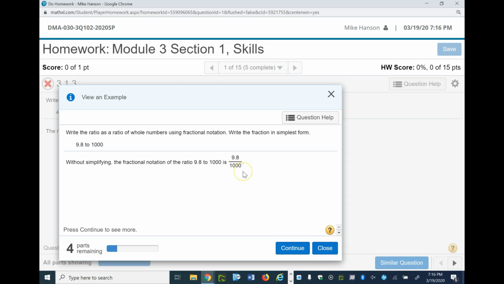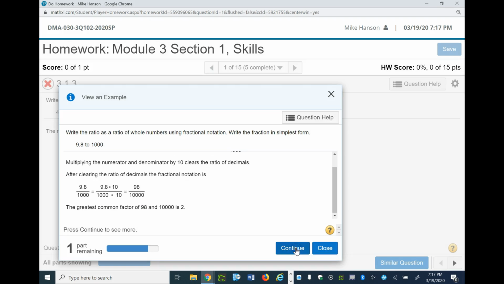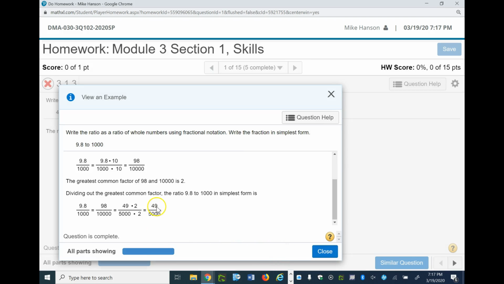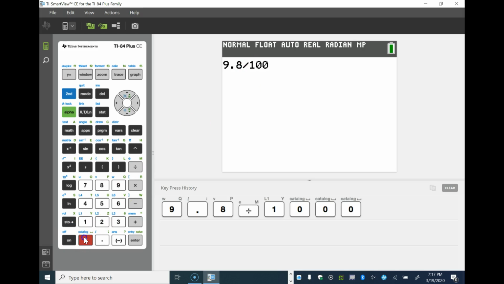This is where we're going to use the calculator to help us out with these particular problems. The viewing example works it out the long way as far as simplifying fractions, so you do not have to do it this way. I'm going to show you how to put it in the calculator to get the result of 49 over 5,000. So here's my calculator. The problem was 9.8 divided by, or "to," remember the "to" means the division, 1,000.